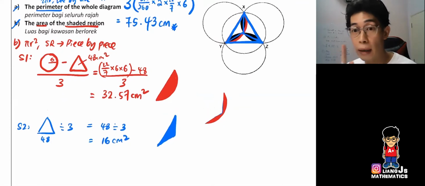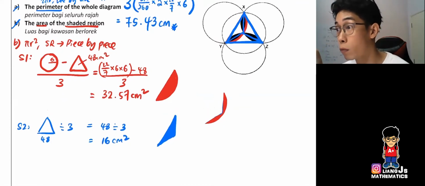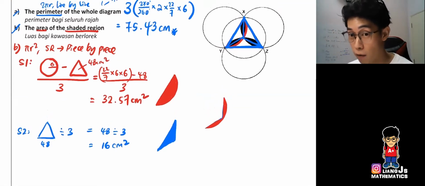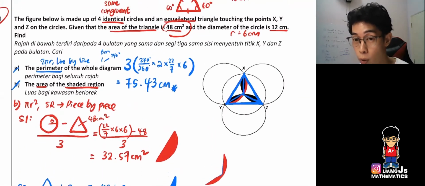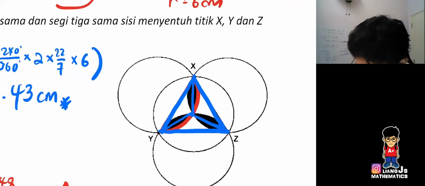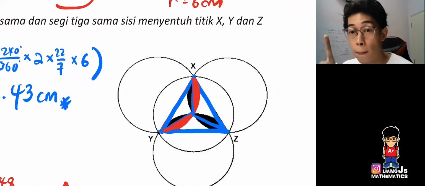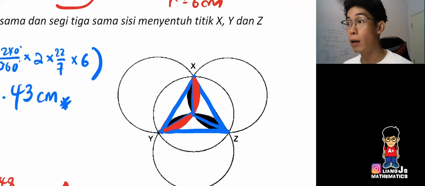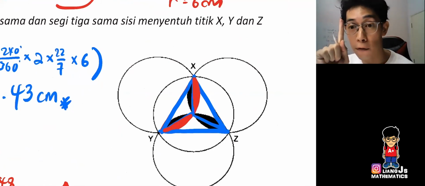And this remaining part is the what? It's this, everyone. Let me show you. I color it here, is this part. And can you see this part is the what? If I combine them together, it becomes one leaf.